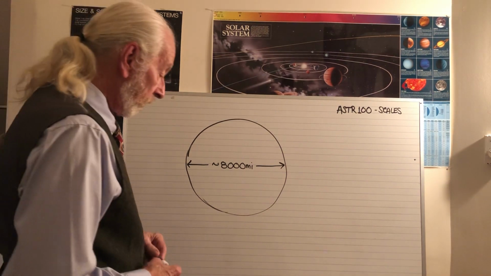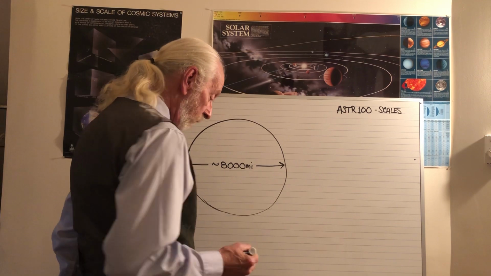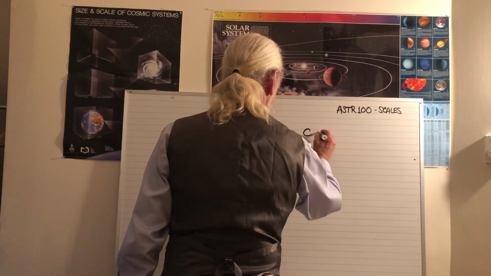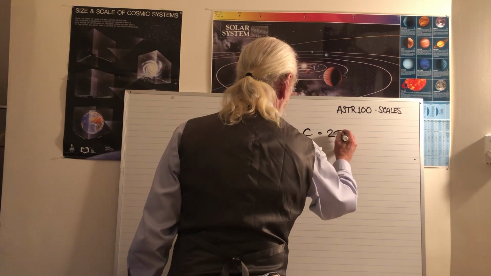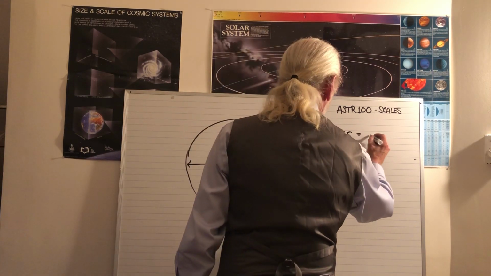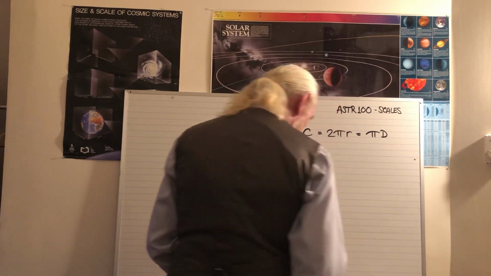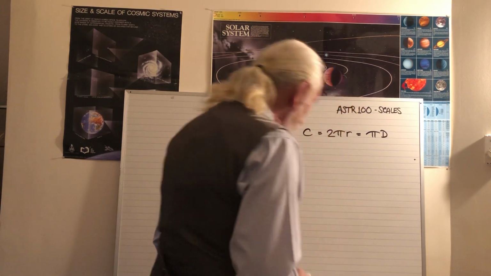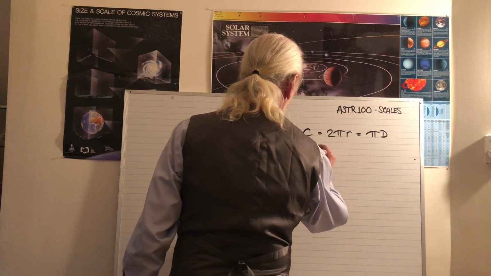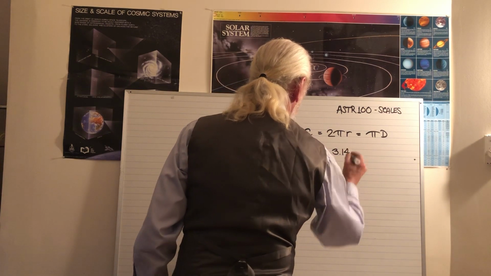So now, what would be the circumference of the Earth, roughly? Well, circumference equals 2 pi r, or pi times the diameter. We're going to rough this one out. Pi, we know, is 3.14, but we're just going to round it.